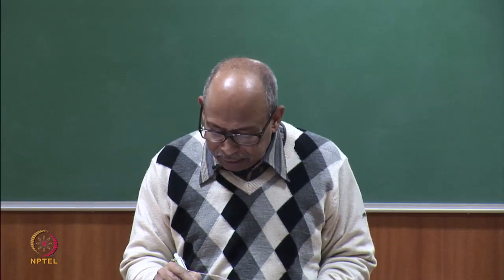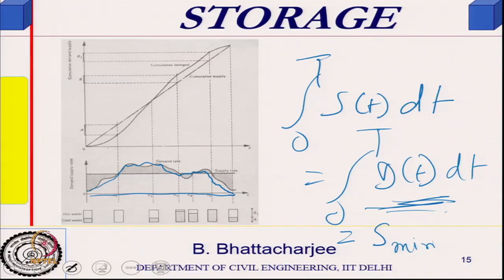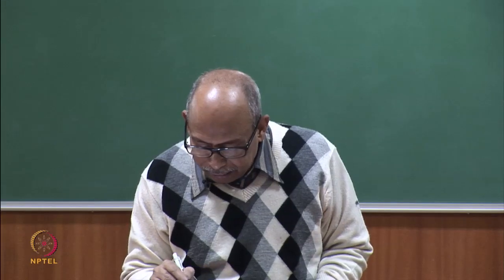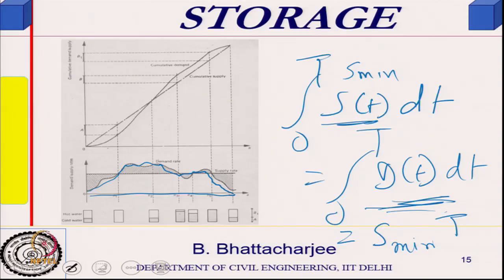So, if the minimum constant supply rate is S min, this must be equal to S min into T, because this is constant S min and this is T. If you integrate it you get S min into T. So, the minimum supply rate is simply the area under the demand curve divided by T. In other words, it is nothing but the average.